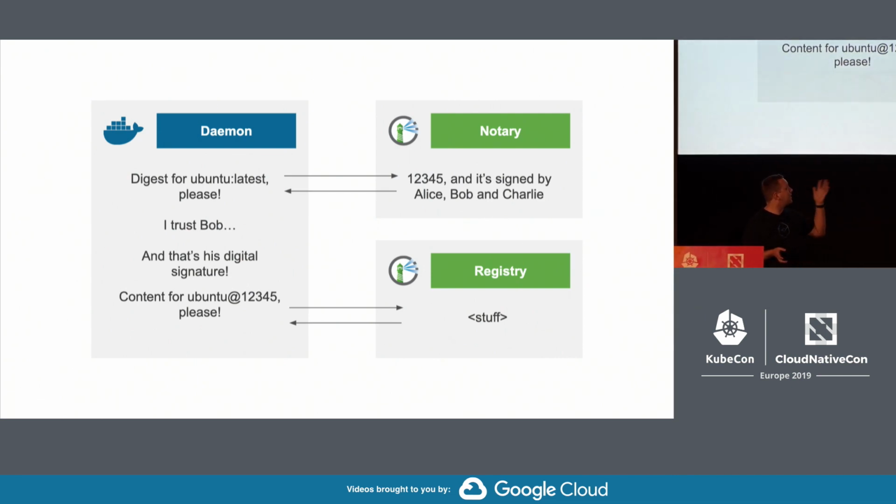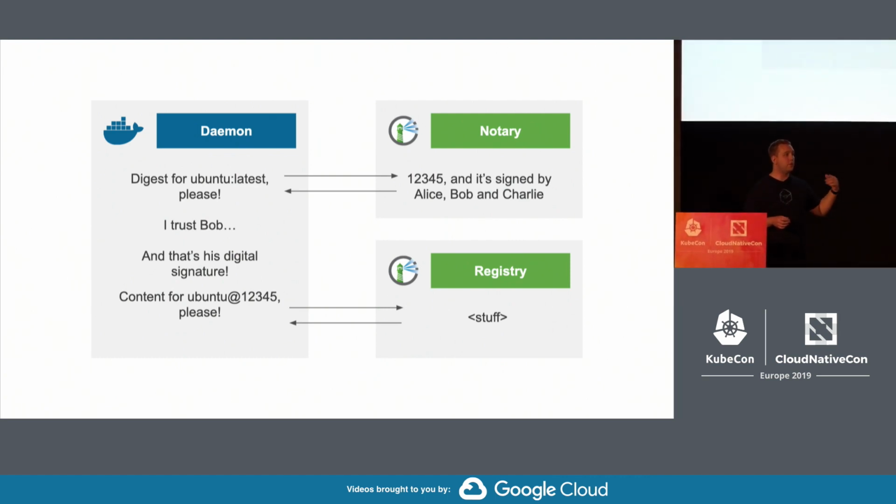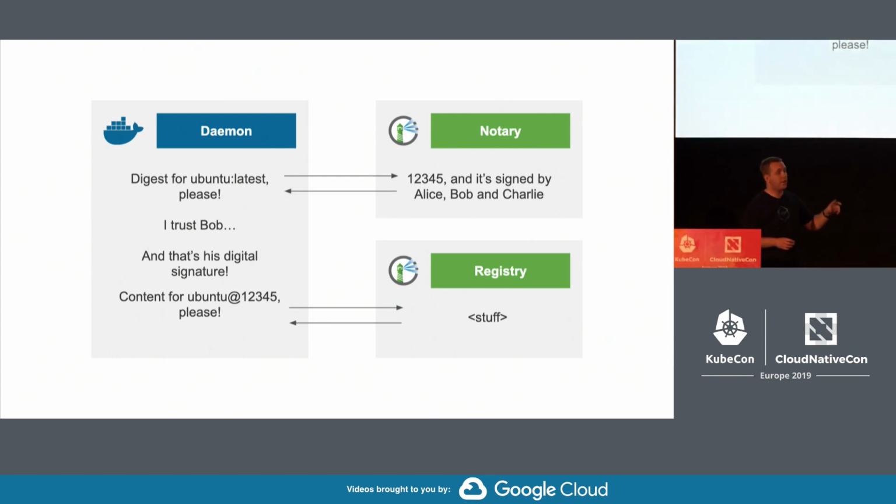So in this case, because the image is signed by 3 different people and I trust one of them, the Docker client can then go and ask the registry directly for that content. Because of this, we can prove that the stuff that we get out of the registry, and because the 1, 2, 3, 4, 5 actually isn't just a 1, 2, 3, 4, 5, it's a SHA-256 hash, that stuff we can prove is the stuff that was initially intended by that person.